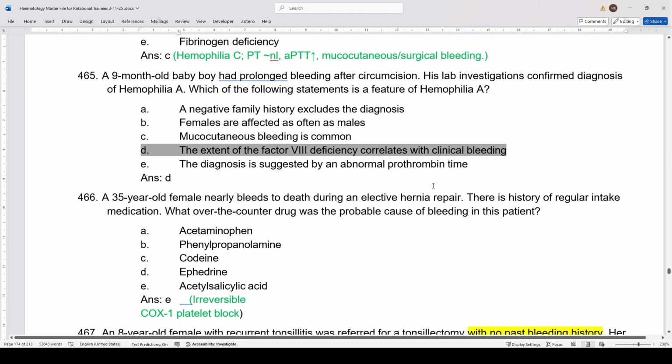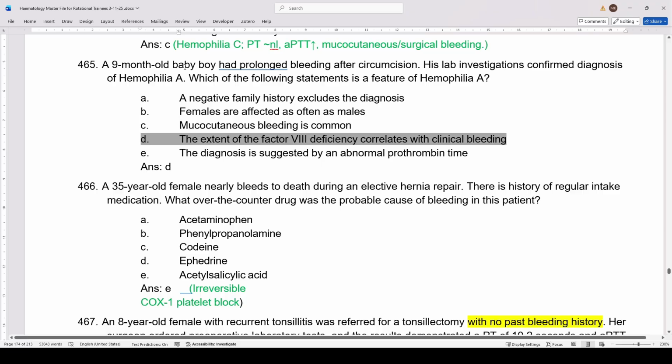Next is a 9-month-old baby boy who had prolonged bleeding after circumcision. His lab investigation confirmed a diagnosis of hemophilia A. Which of the following statements is a feature of hemophilia A? A negative family history excludes the diagnosis? No. Females are equally affected? No, males are more affected, though females can be affected. Mucocutaneous bleeding is common? No, it has deep bleeding. The extent of factor VIII deficiency correlates with the clinical bleeding.